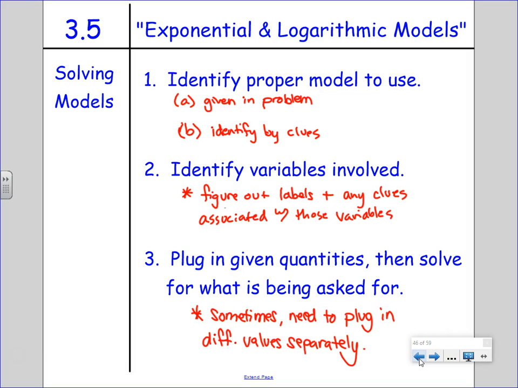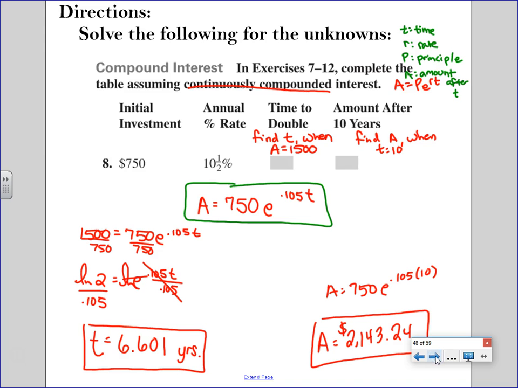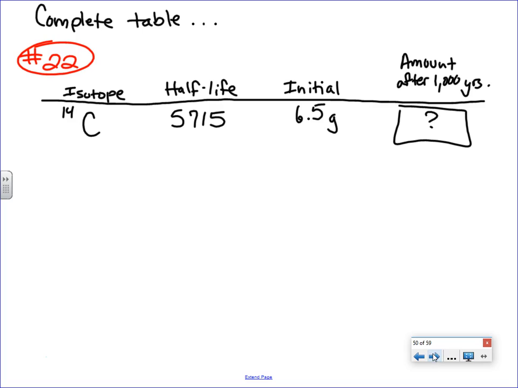Identify the variables. Figure out who is A, who is P, who is R, who is T. E is a number. Forget him. I mean, use him, but don't worry. Figure out any clues associated with the variables. That was my read it and then try to put it in the variables. A equals, P equals, T equals. Find T when. And then plug and chug as much as you can. Remember, you can plug in separately like we did for each. We had to plug in the clues separately in order to solve. Okay.